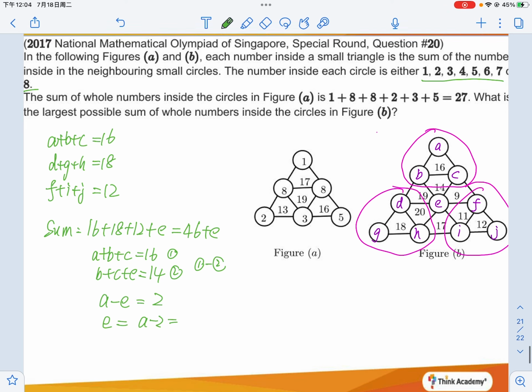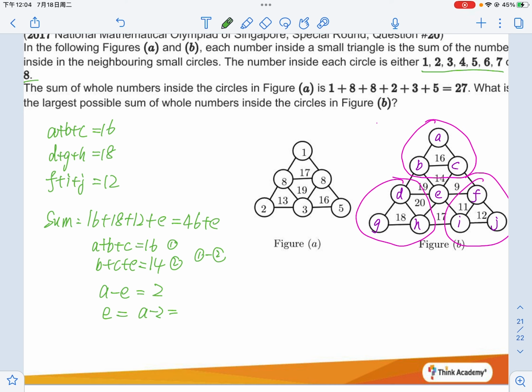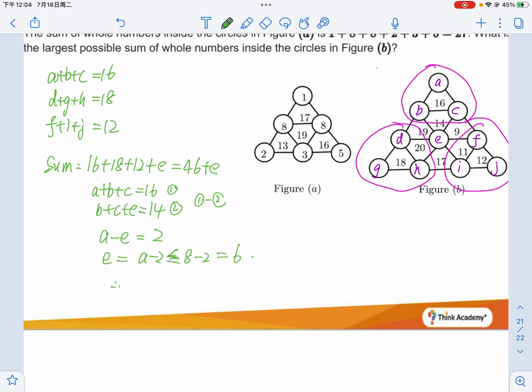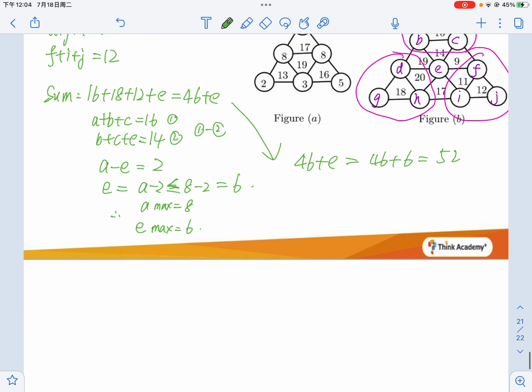So what's the maximum value of A? It can only be 8, right? 8 minus 2, it will be smaller or equal to 6. So A max should be 8 and E max should be 6. Okay, so the sum is 46 plus E. So just 46 plus 6. The answer will be 52.